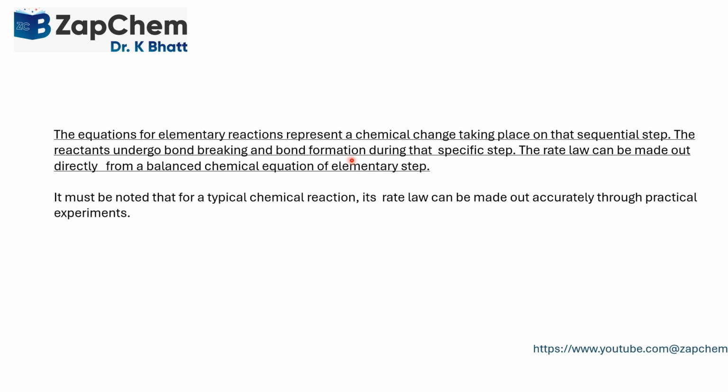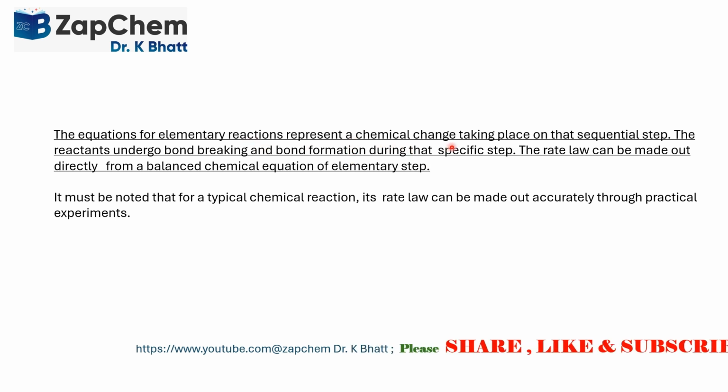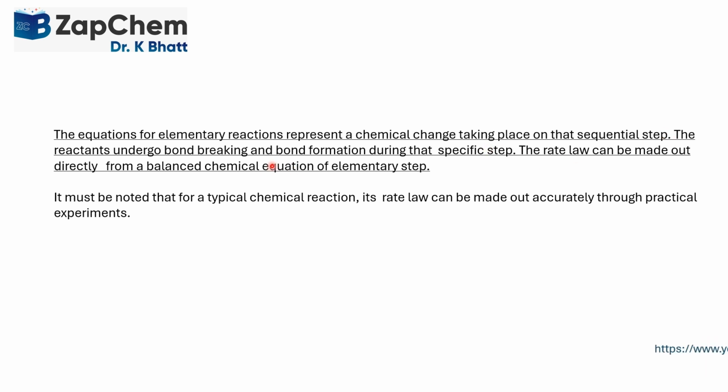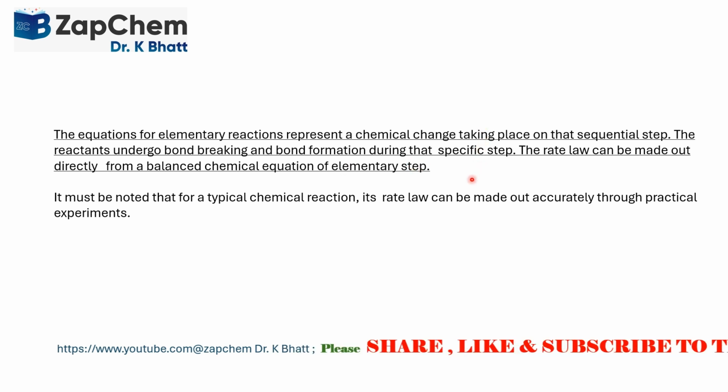The equation for an elementary reaction represents a chemical change taking place in a sequential step. The reactants undergo bond breaking and bond formation during a particular step. This I've already explained to you.